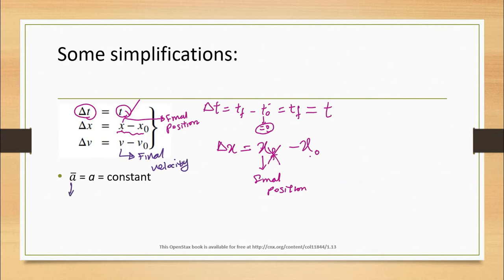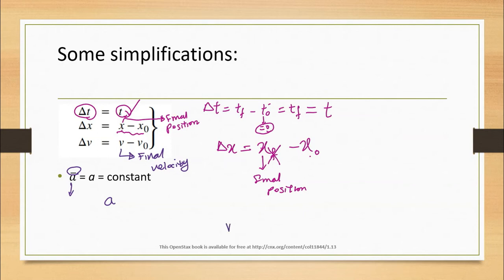A is standing for average acceleration, because acceleration is constant, so average acceleration is equal to acceleration at any time, which is equal to instantaneous acceleration. So we don't need to write the bar anymore. We just write a, and a is standing for acceleration.